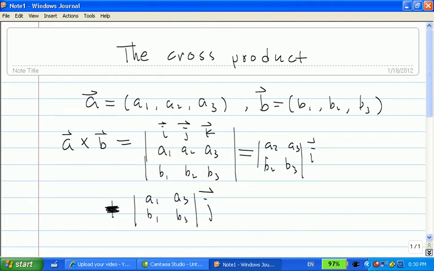This is the coefficient of J. Then plus. Then you get another 2 by 2 matrix by crossing out the first row and third column. You get A1, A2, B1, B2, which is the coefficient of K.